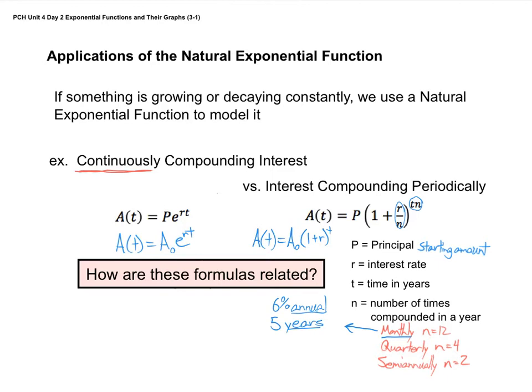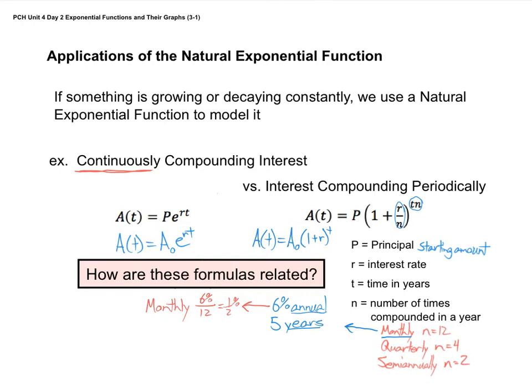So what we have to do is convert our annual rate of interest into a monthly rate of interest. Of course, if it's 6% per year and there are 12 months, I'm going to do 6% divided by 12, which would be 0.5%, but that's per month. We're going to earn 0.5% per month.